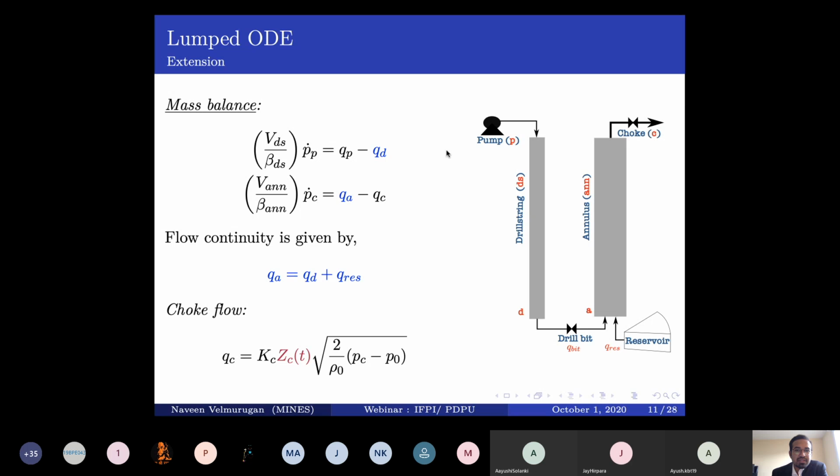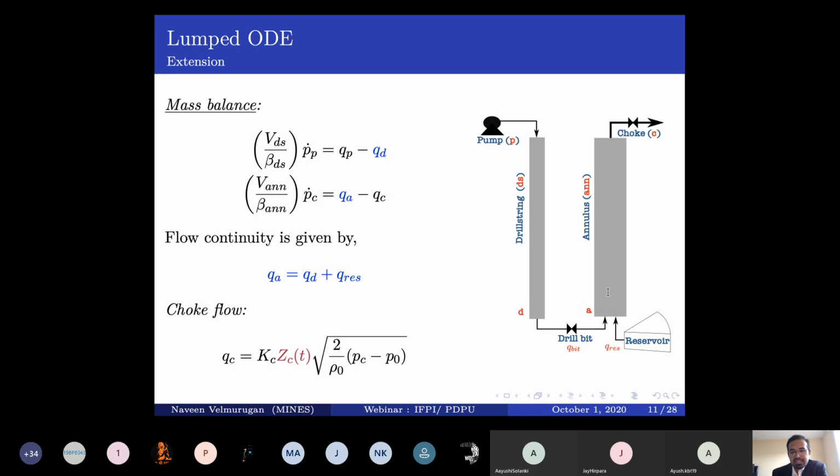So we first write the mass balance for the drill string alone. Now instead of representing Qbit as an average of the pump flow and choke flow, we say it is only dependent on the fluid flow at the bottom of the drill string. And the same goes for the annular region, which is now a function of QA.